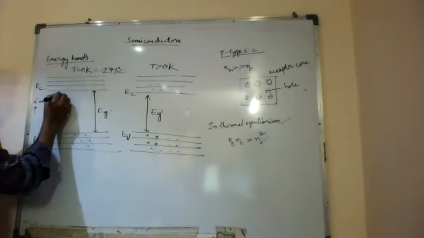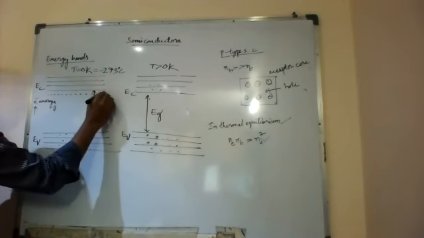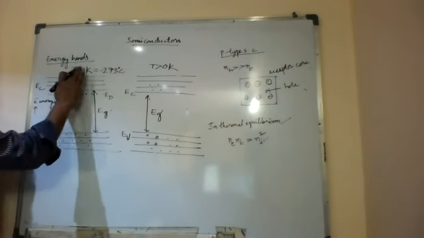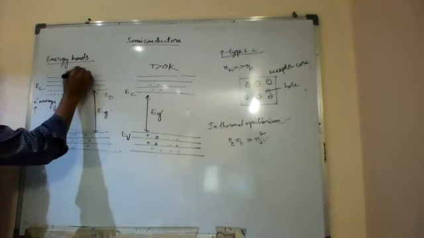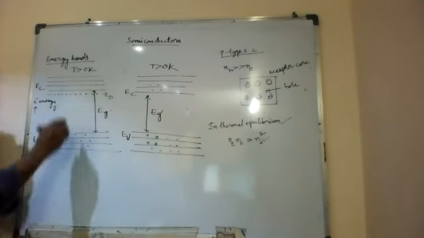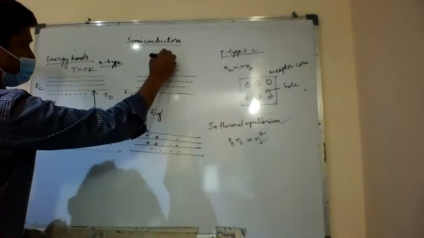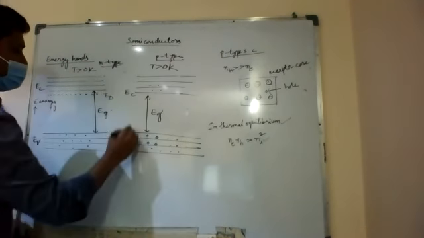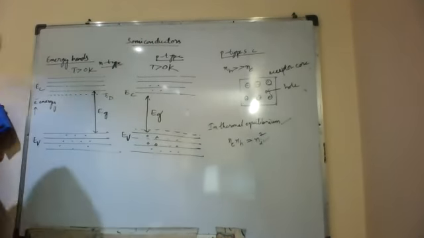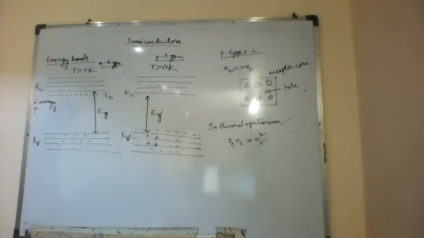Here there is a Fermi level. This is ED. This is T greater than 0 Kelvin. This is N-type. The second one is P-type. It looks the same. So here EC and ED.